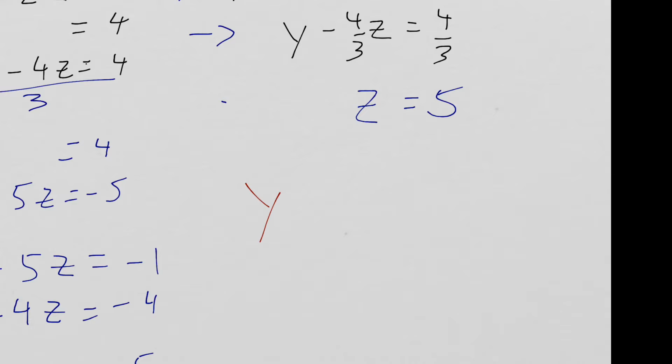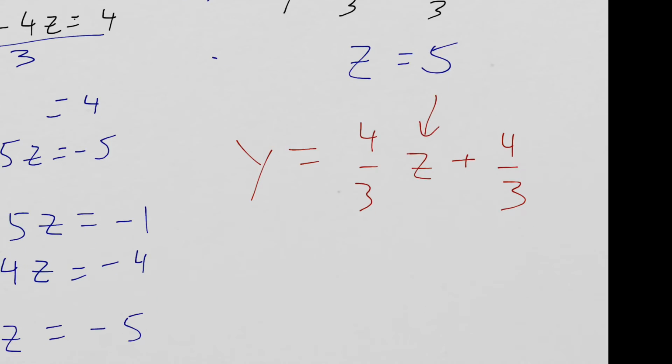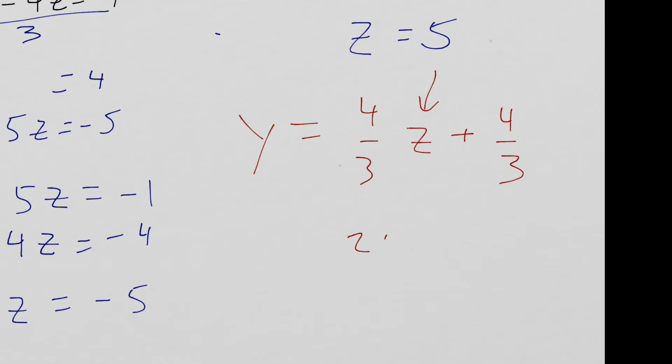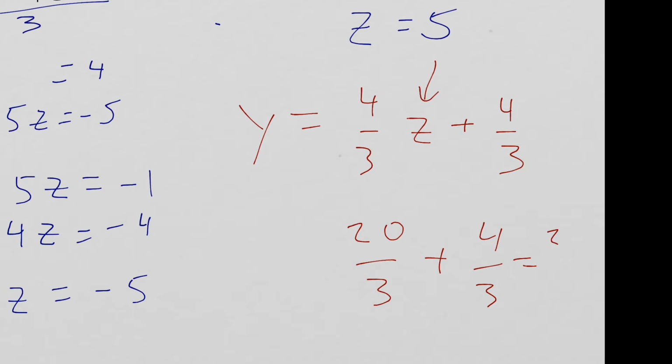Using back substitution, I'll go to this second equation here. Changing that one around a little bit, I can make it into 4/3 z plus 4/3. Put a 5 in for z. This will become 20/3 plus 4/3 is 28/3. Oh, excuse me, I was a step ahead here.